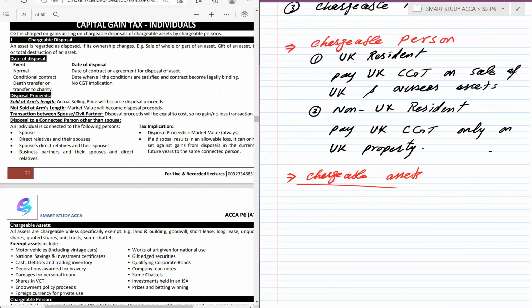So what are basically chargeable assets? All assets except exempt assets are called chargeable assets. So we will have to memorize the list of exempt assets.